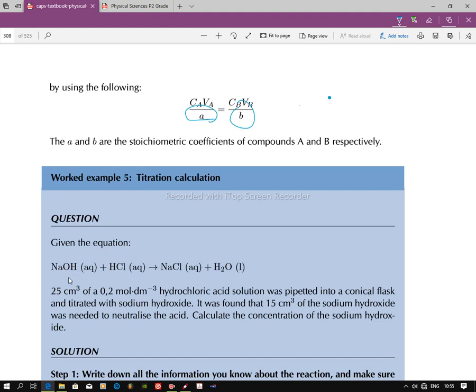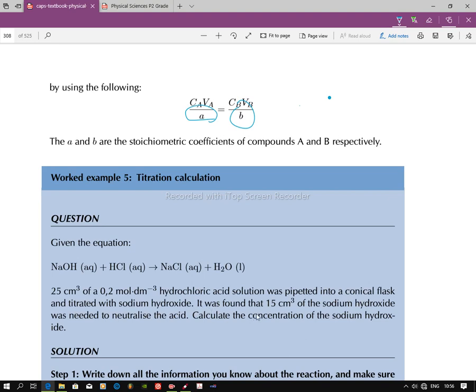They say 25 centimeter cubed of a 0.2 mole per decimeter cubed hydrochloric acid solution was piped into a conical flask and titrated with a solution of sodium hydroxide.